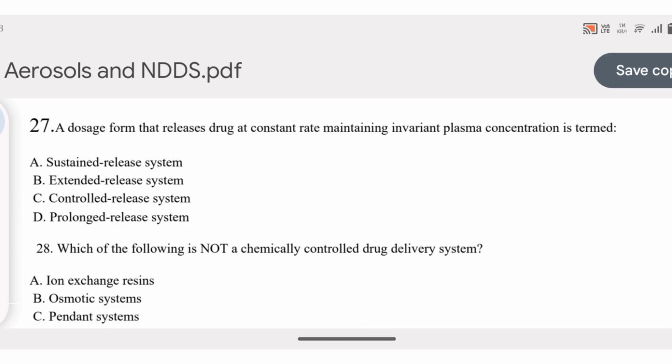A dosage form that releases drug at constant rate, maintaining invariant plasma concentration, is termed as, as I previously said, controlled release system.